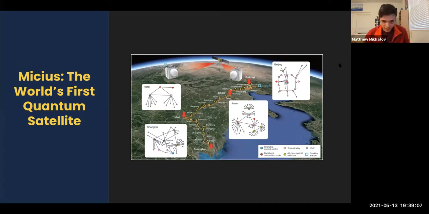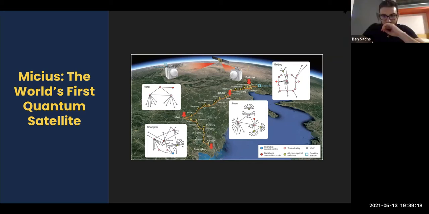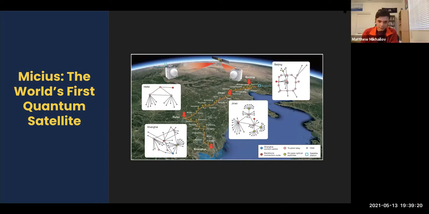But essentially, along that orange line, that's the quantum backbone. They built optical fiber links that are extremely fast by quantum standards, and it links major cities in China. So it links Beijing, Jinan, Hefei, and Shanghai.